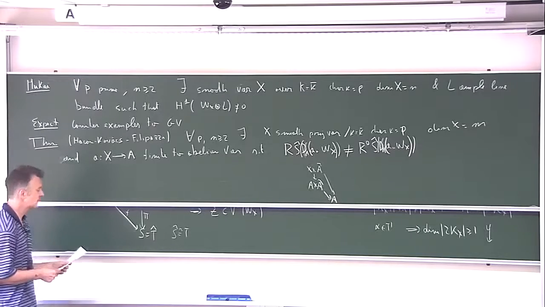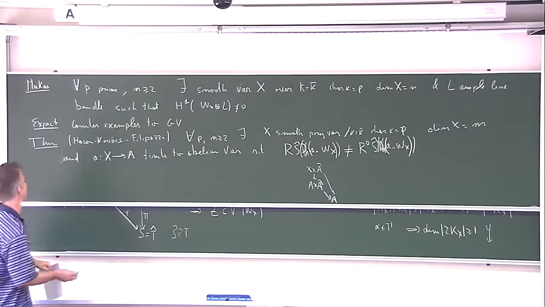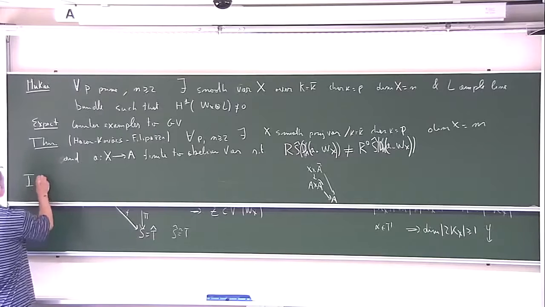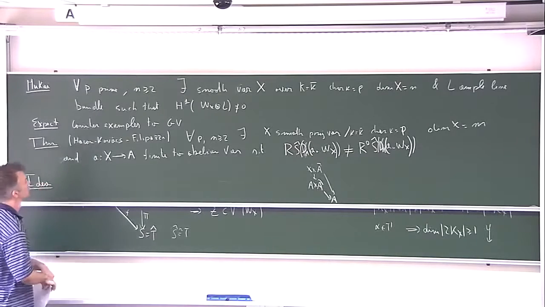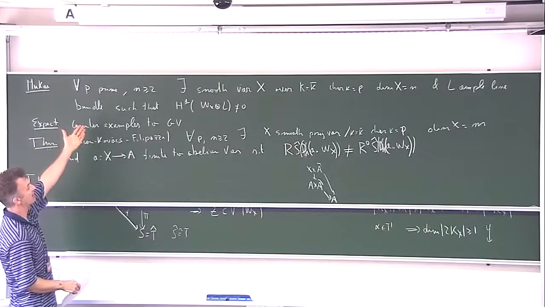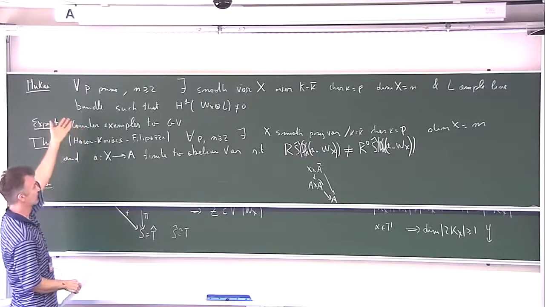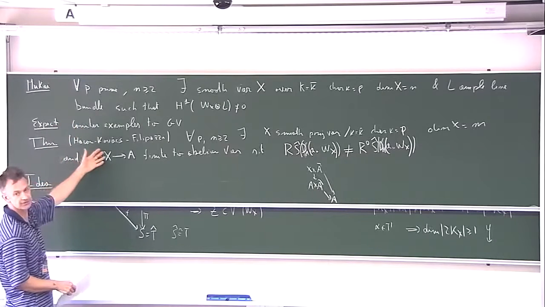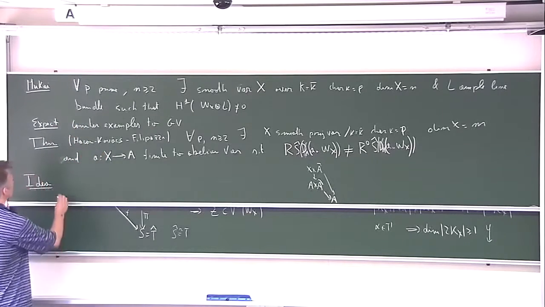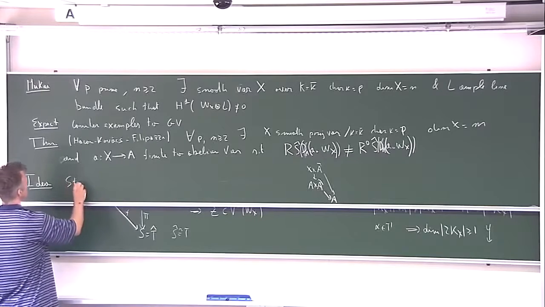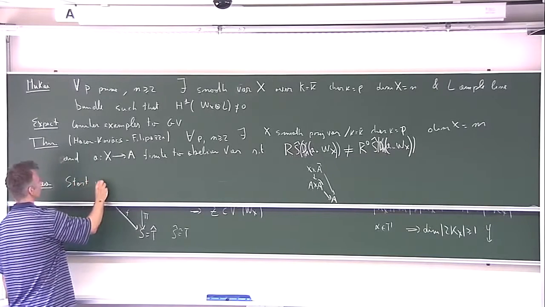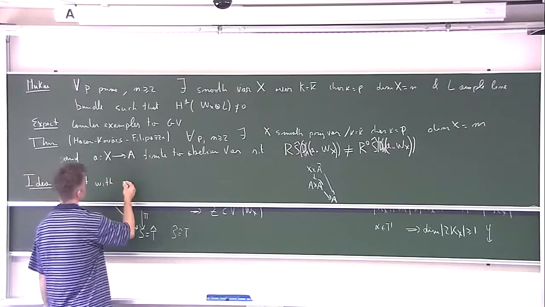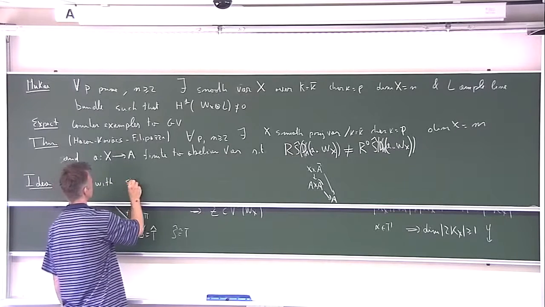Okay, so let me try and give you an idea. So the idea should be you start with any counterexample provided by Mukai, and you construct one of these counterexamples. So we start with, let's say, a surface for simplicity, a surface.